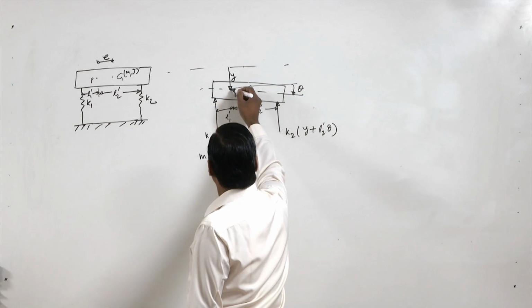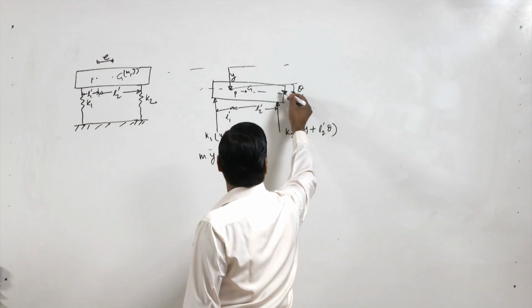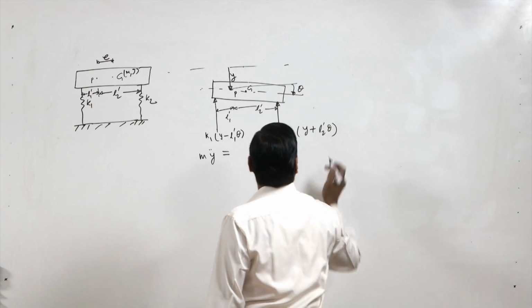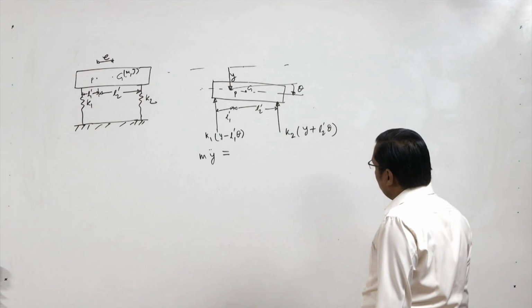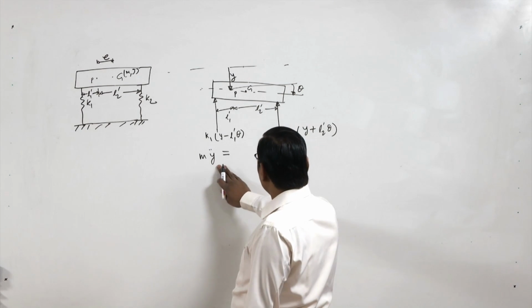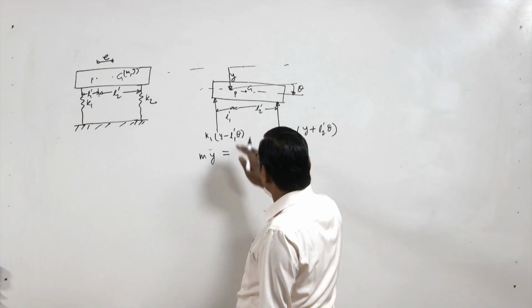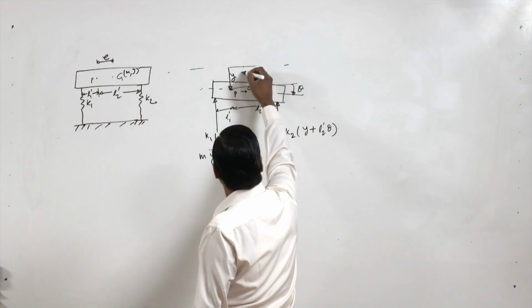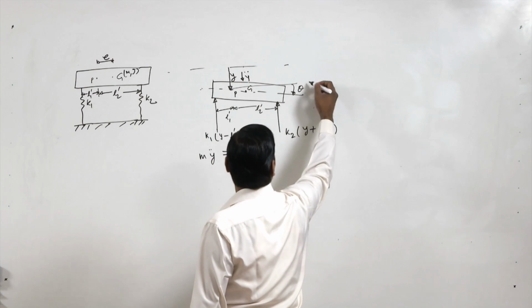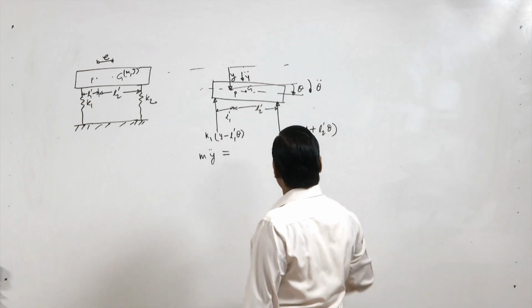Because it is y minus, and this is y plus L2' theta. So acceleration here is y double dot, and this is theta double dot.